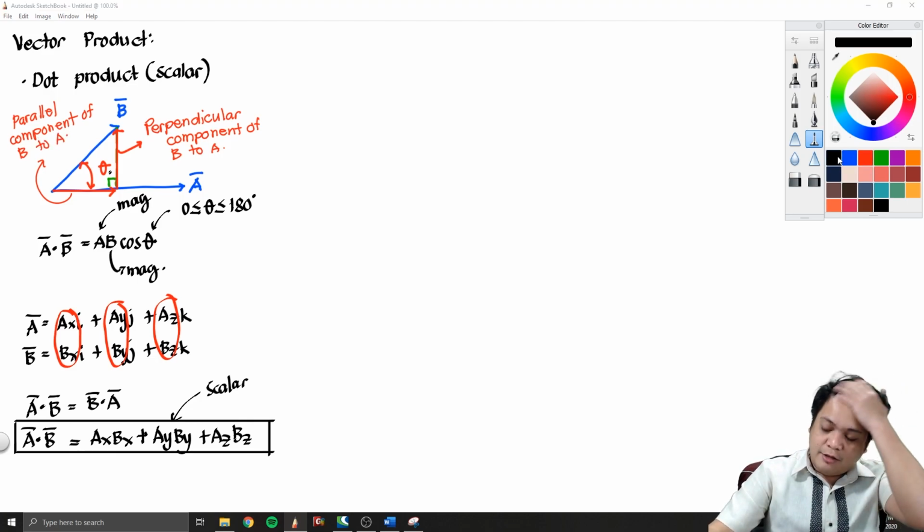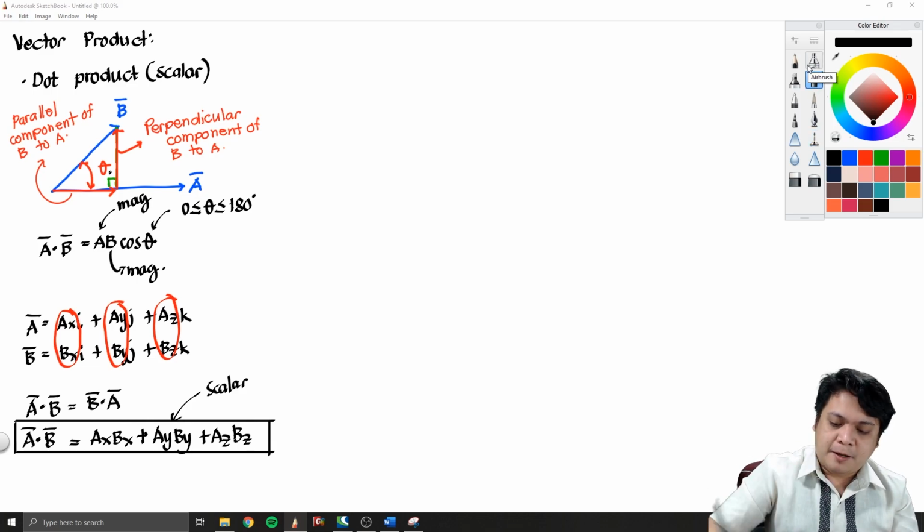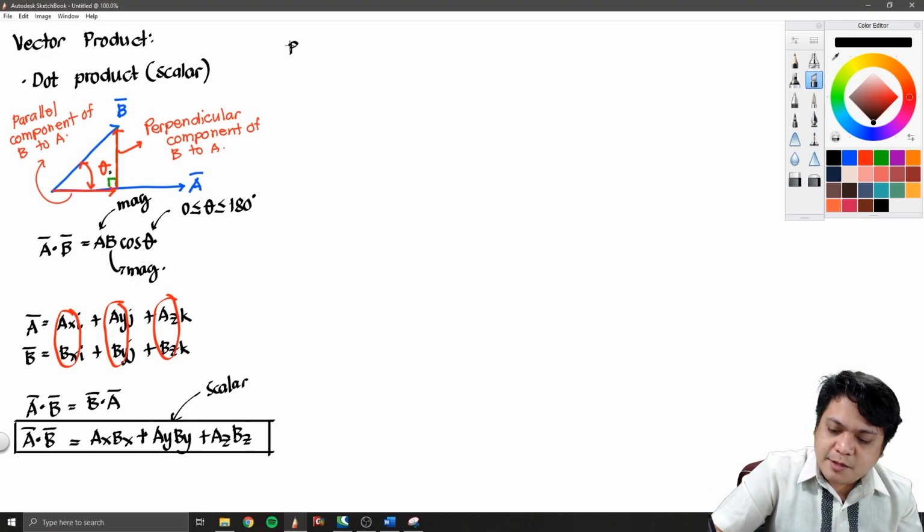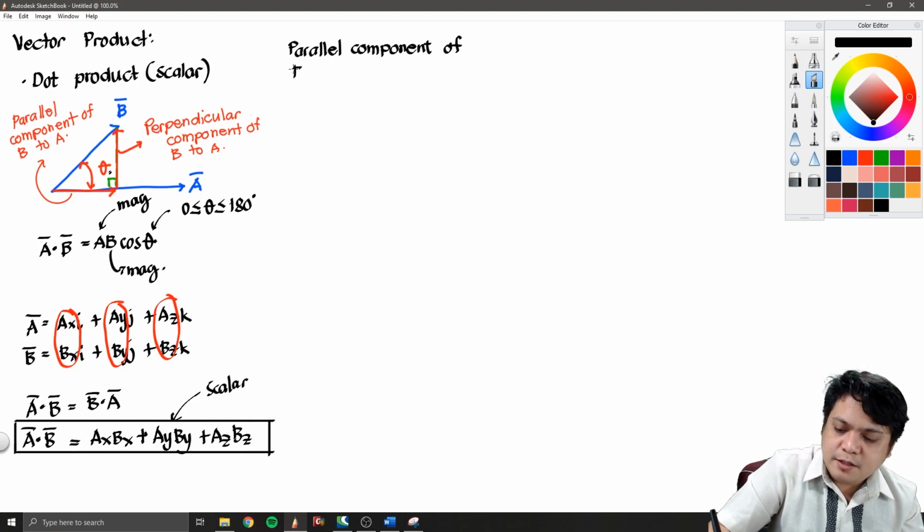So let us get the parallel component of B to A. Simple lang.